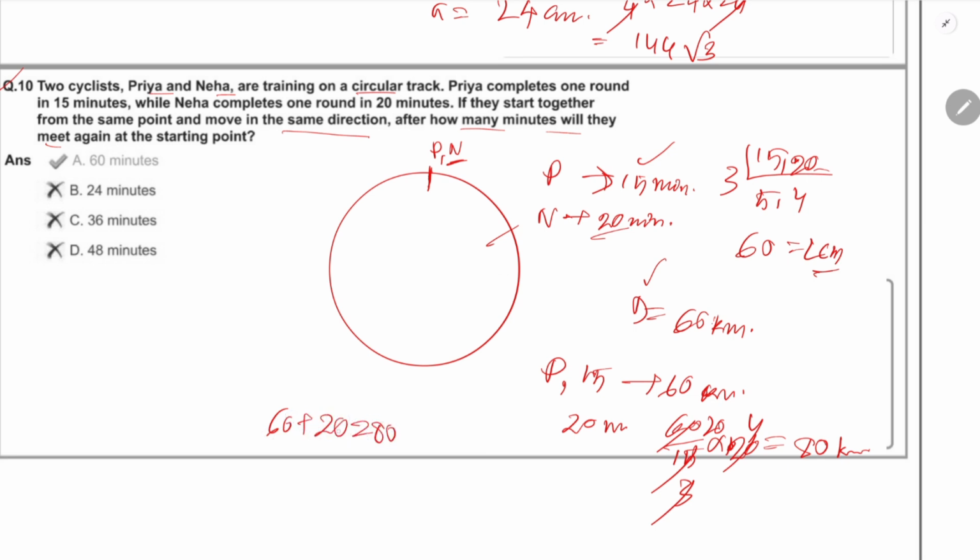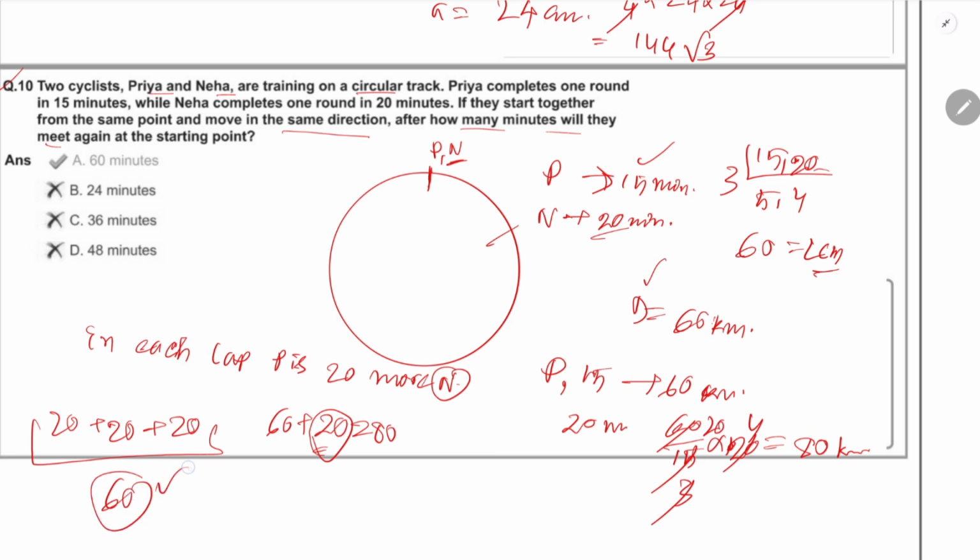Priya is 20 kilometers faster in each lap. So after the first lap it is 20, after the second lap it is 20, after the third lap it is 20. So the total is 60, which covers the distance.